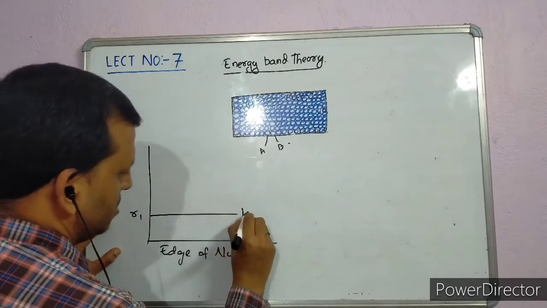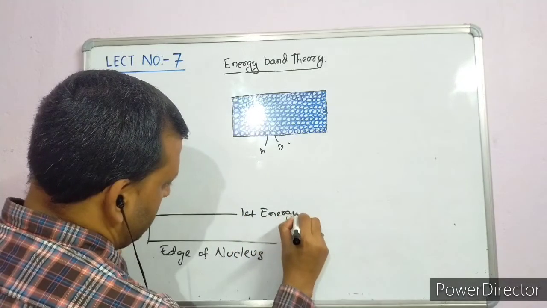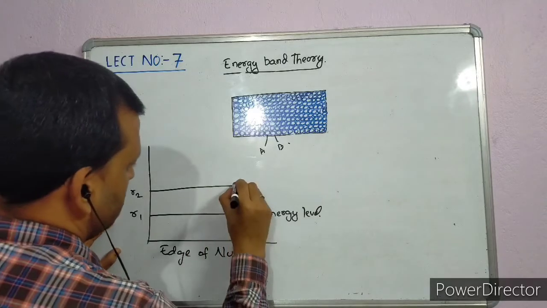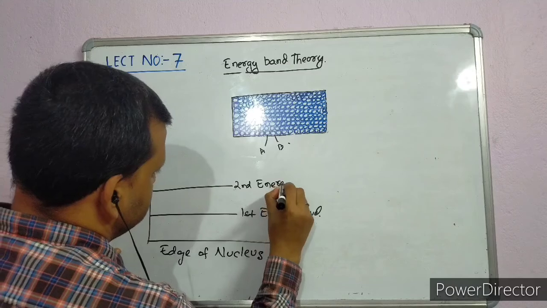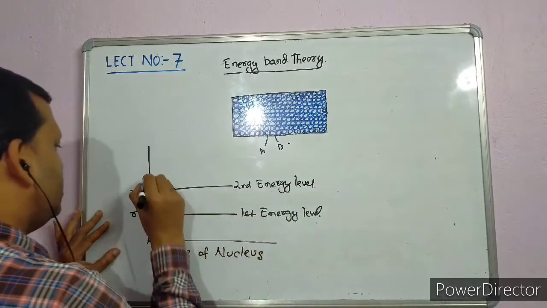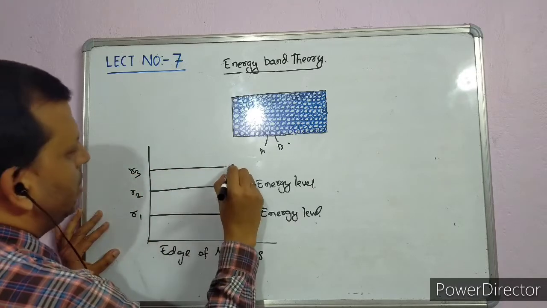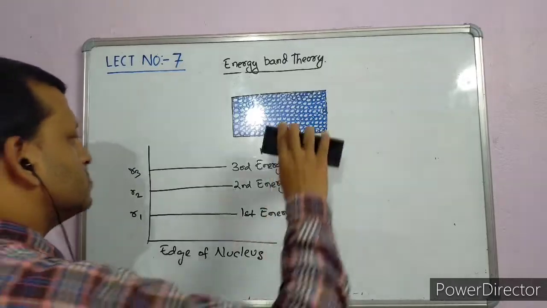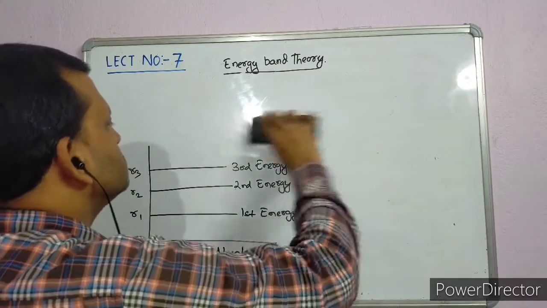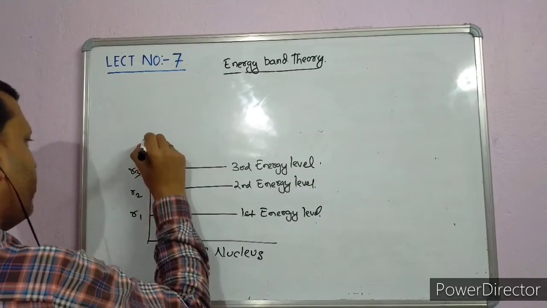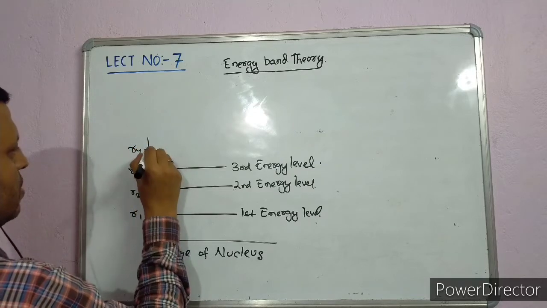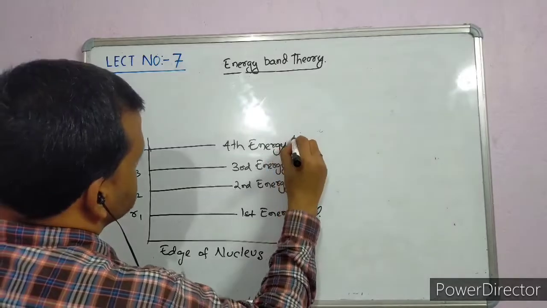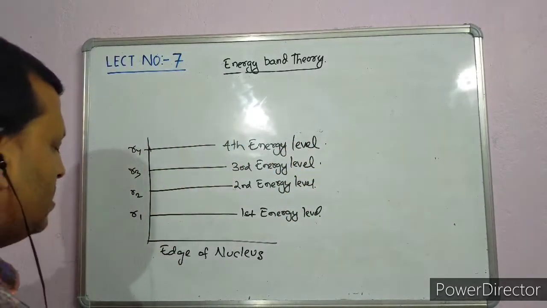This is our first energy level, r2, second energy level, r3, third energy level, and this is our r4, fourth energy level. This is for our energy levels.